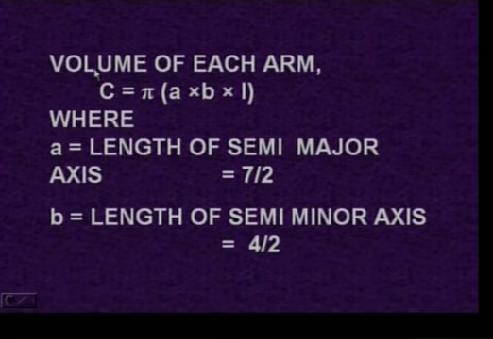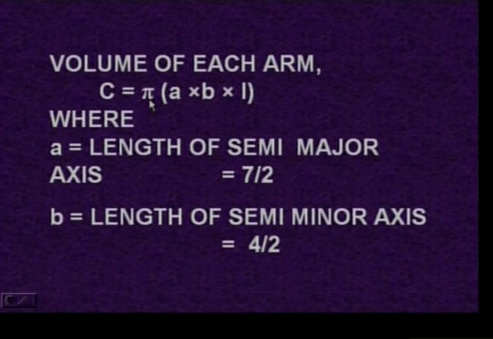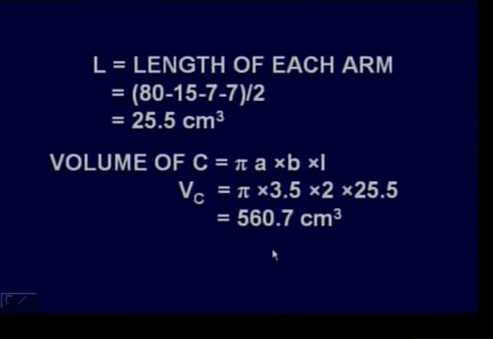In the given problem, volume of each arm is calculated by using the formula pi into A into B into L, where A is length of semi major axis. Given that length of major axis 2A is 7, so small a is equal to 7 by 2. Similarly, length of minor axis 2b is equal to 4, length of semi minor axis b is equal to 4 by 2.